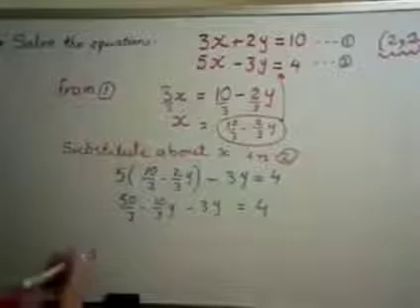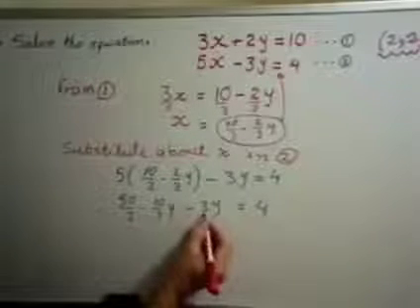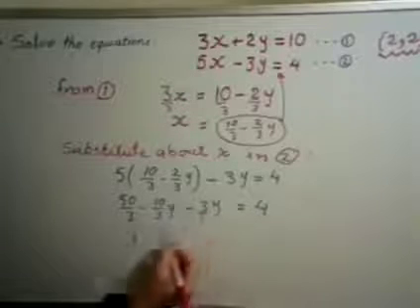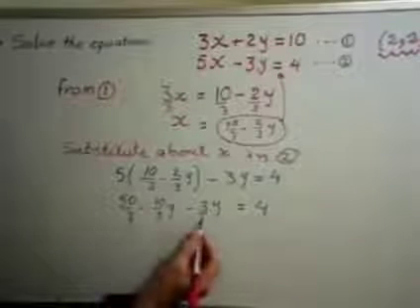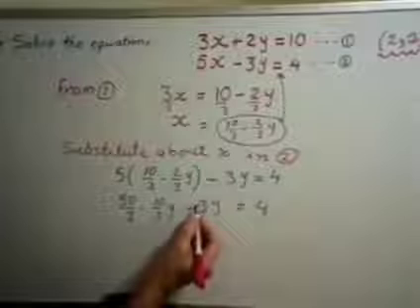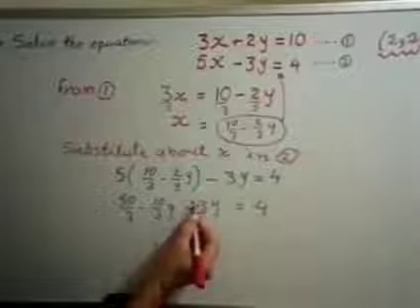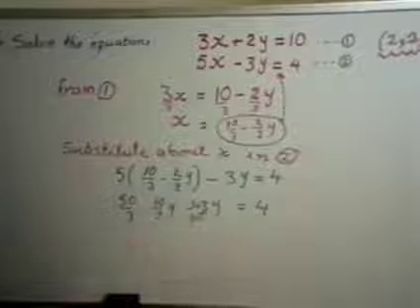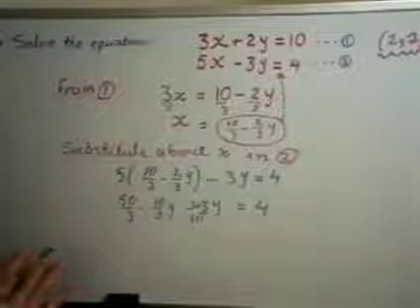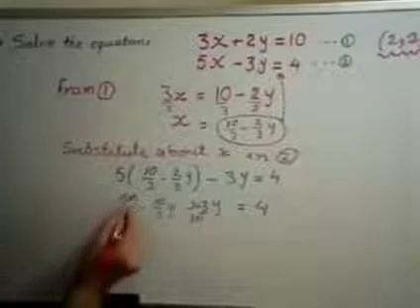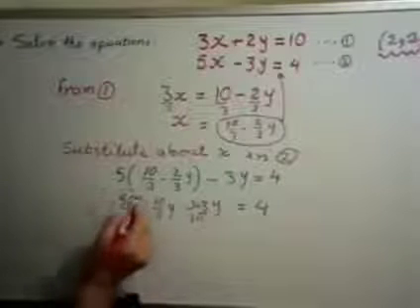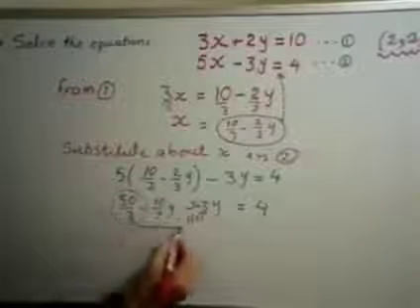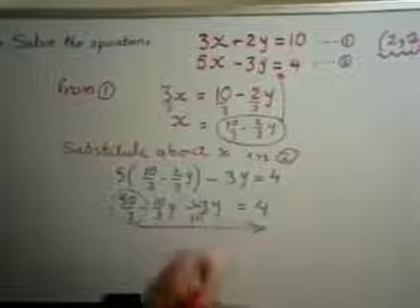Here we can make the denominators equal. Here is 1, so to be 3 here, we have to multiply here by 3. And this, because there is no y or x here, we will move it to the other side.